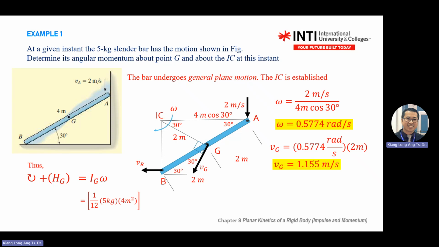This is a rod, at the center of the rod. You either read IXX or IYY, depends on the table. You'll get 1/12 ml squared. You need to refer to the table. Then omega is from your answer. You press the calculator, you get your angular momentum.